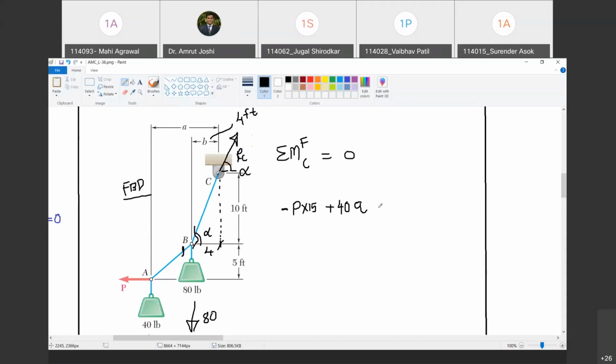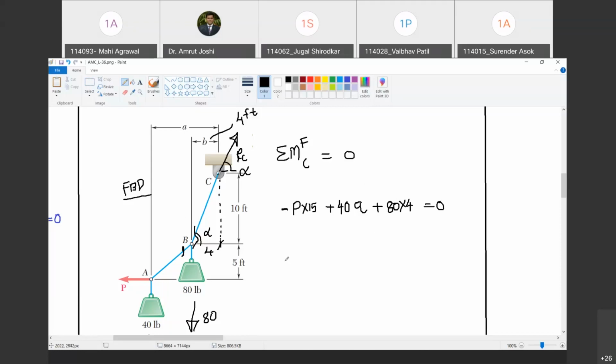Anti-clockwise. So plus 80 into B, because the horizontal distance between this point and C is B. B is 4 feet. Therefore 80 into 4. Will there be any moment of RC about C? No. So this has to be equal to 0.